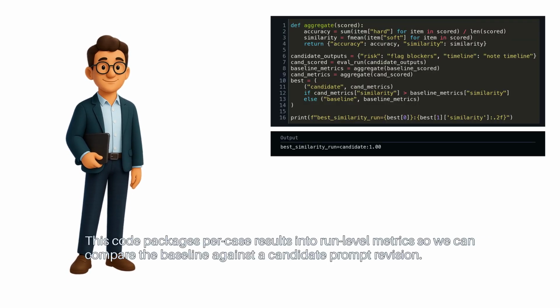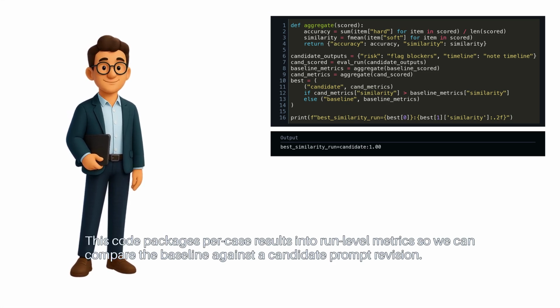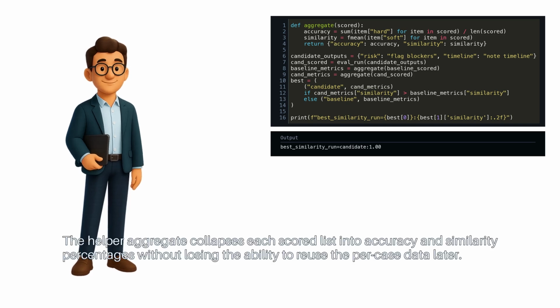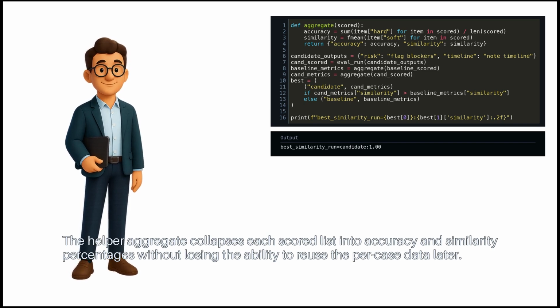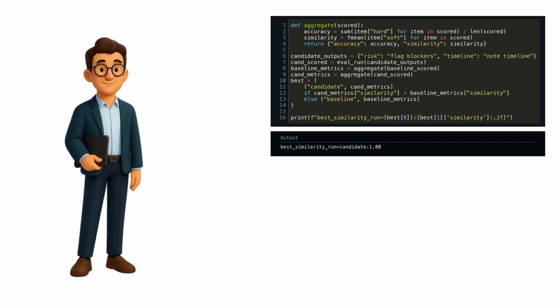This code packages per-case results into run-level metrics so we can compare the baseline against a candidate prompt revision. The helper aggregate collapses each scored list into accuracy and similarity percentages without losing the ability to reuse the per-case data later.